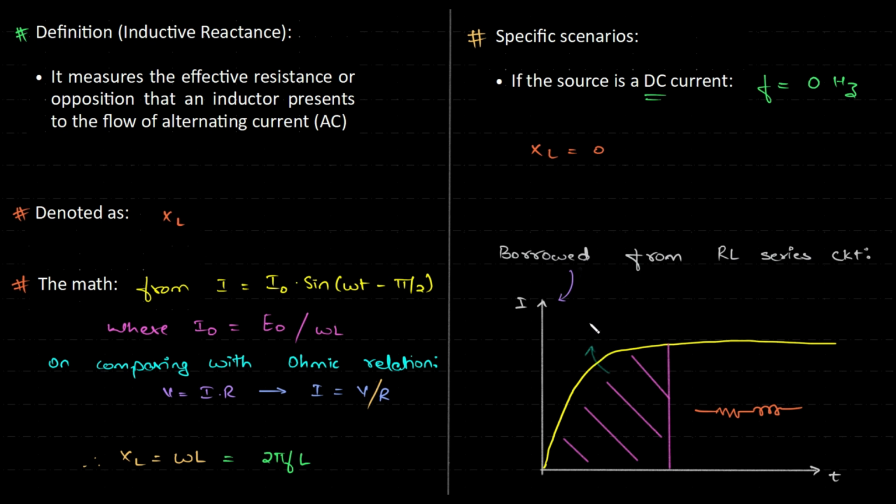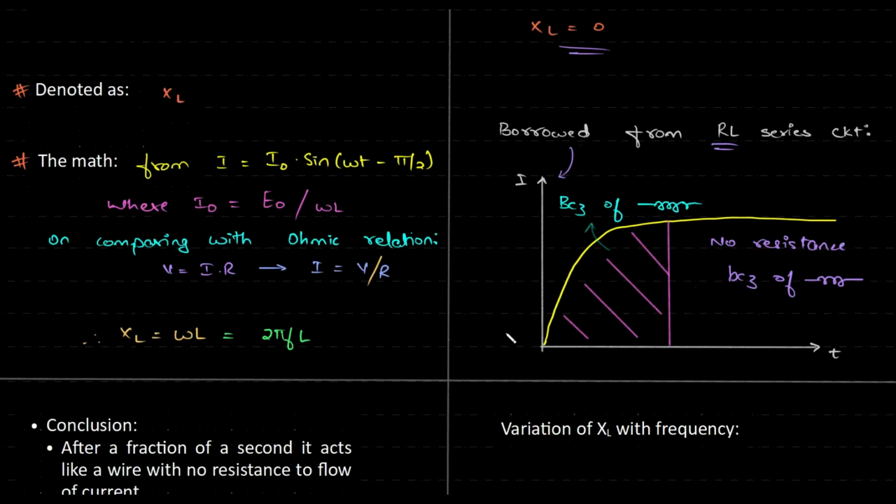This is because of the presence of our inductor. And after that, it behaves as if there is no resistance, at least not because of your inductor. But yes, theoretically, we write it as 0. Of course, we use it with the resistor and obviously other components. So this is how it behaves. Again, this is specific to an RL circuit, and this set of cases is purely inductor based.